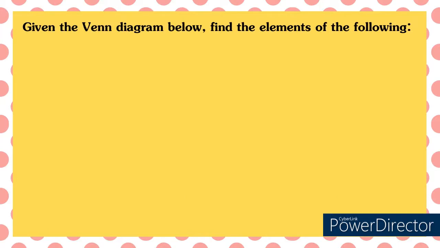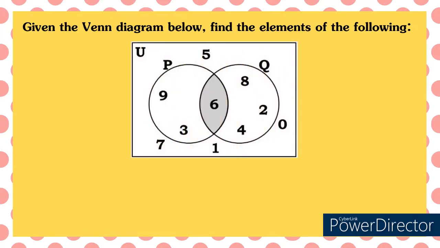Given the Venn diagram below, we are going to find the elements of the following. Here are the elements found in the universal set. We have set P and set Q. Number 1, we are going to find the elements in set P. Ano po ang mga elements found in set P?